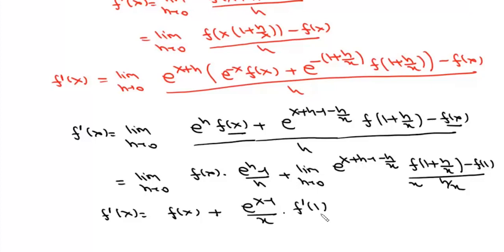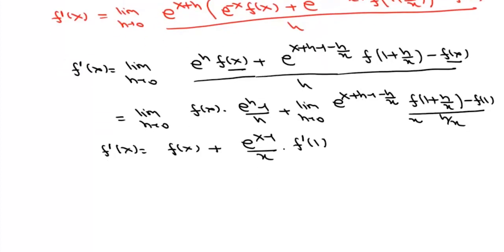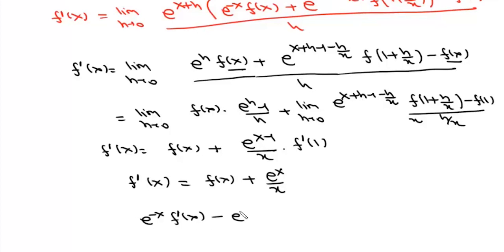So if we put f dash 1 as e, we can write f dash x equals f(x) plus e to the power x upon x. Now if we multiply with e to the power minus x, we can write e to the power minus x f dash x minus e to the power minus x f(x) is equal to 1 upon x, and this is nothing but the derivative of e to the power minus x into f(x).